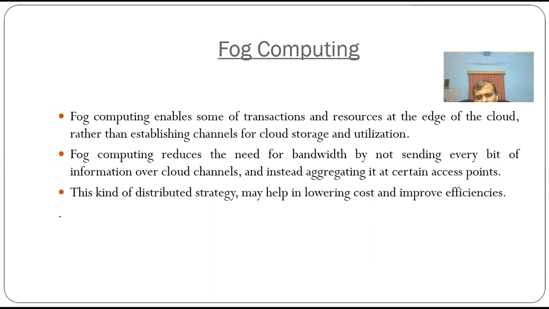As each and every bit of data need not be sent to the cloud, we are saving bandwidth, and our response time is also much lower, because those processing devices are situated very close to the end users' devices. So this kind of distributed strategy will definitely help in lowering the cost and improving the efficiency of the system.